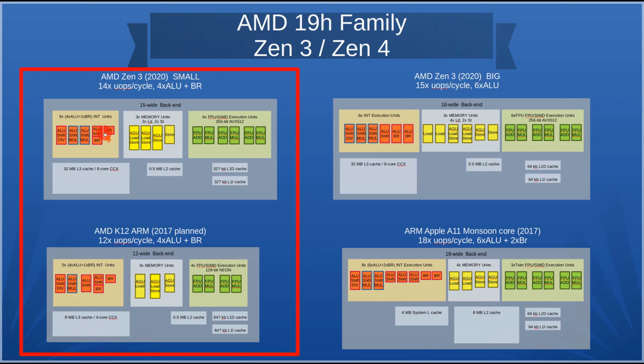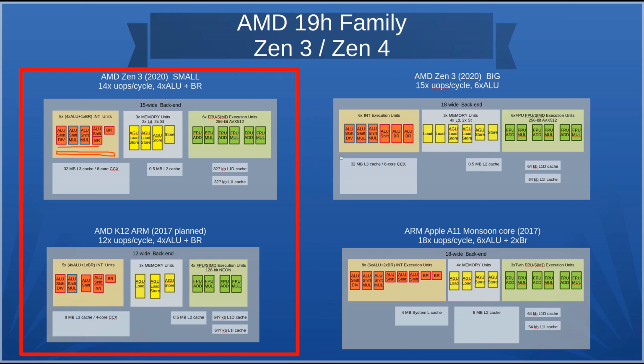So actually it will be 5 LAUs here. Okay, so there are 5 different variants for the integer core for the Zen 3. And this is the lightweight variant. This is 5 wide with only 4 LAUs. It's really similar to the K12.